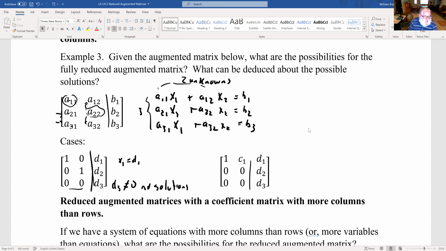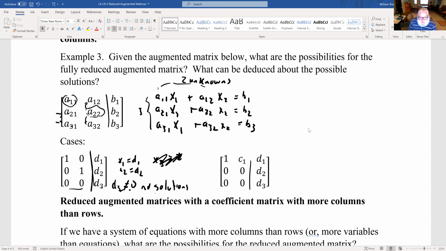If d3 does equal 0, then x1 is d1 and x2 is d2, and we're done.